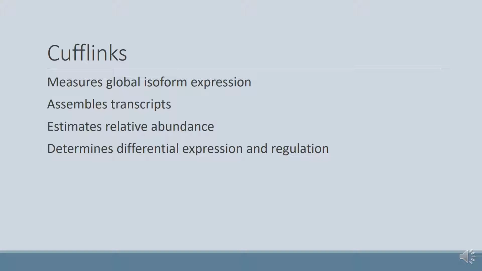So the tool reports as few full-length transcript fragments as are necessary to explain all the splice variants in the data. And after the assembly, we can estimate the relative abundance of each fragment. So it is determining differential expression and regulation of the genes.